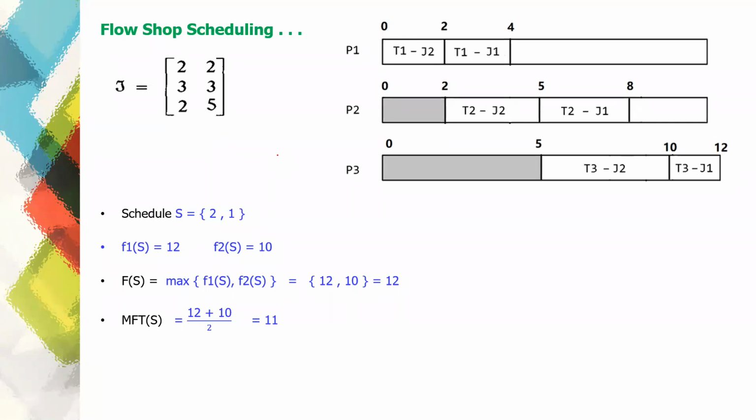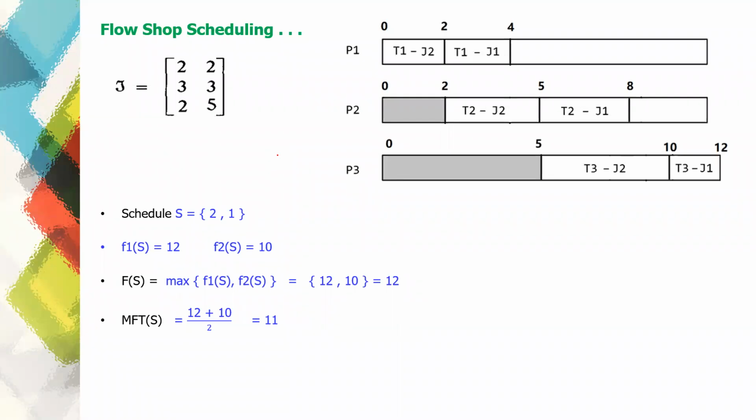Now, you cannot go on with the brute force approach. The technique that I have applied here is the brute force approach. Brute force is the situation where you generate all the possible schedules and calculate all the finish times, which is practically not possible.